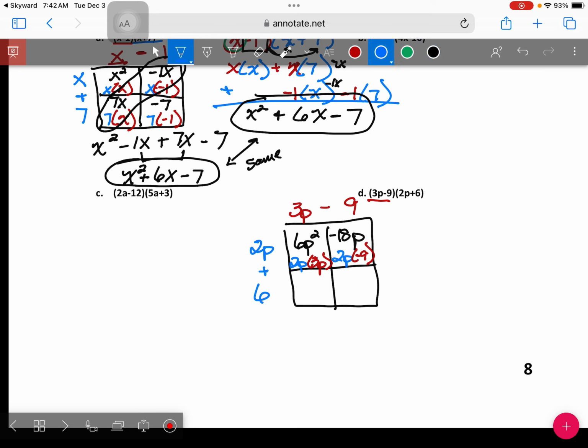Down in the bottom left corner, I have 6 times the value in the first column at the top, 3p. 6 times 3 is 18p. And finally, I have 6 times the top of the second column, -9. 6 times -9 is -54.